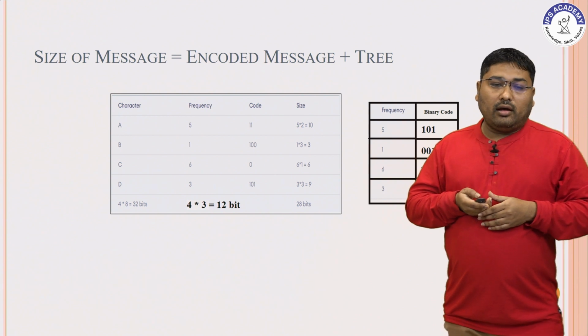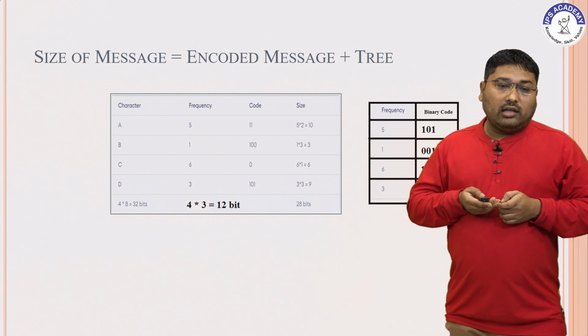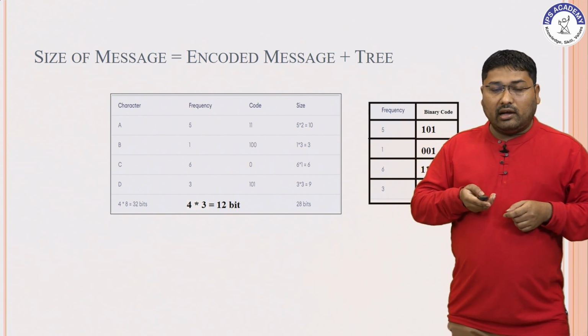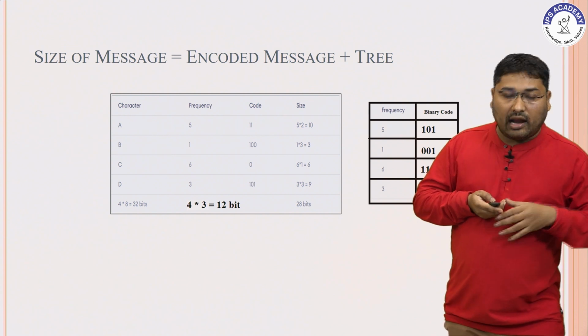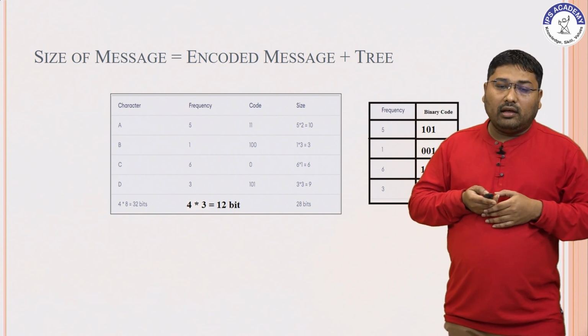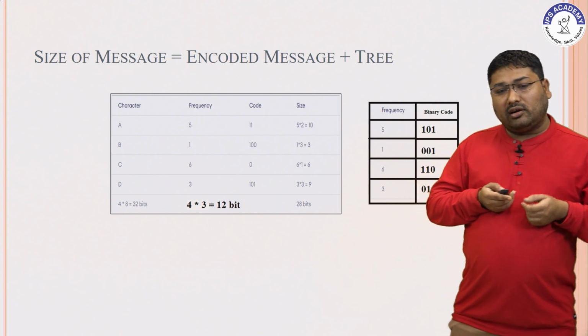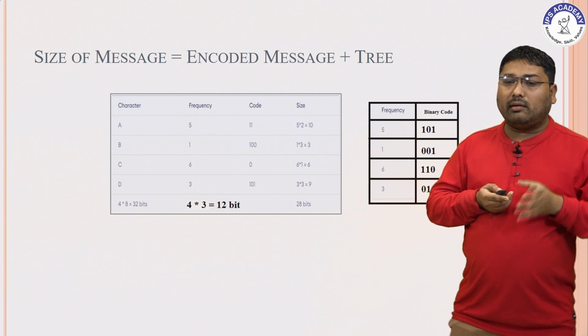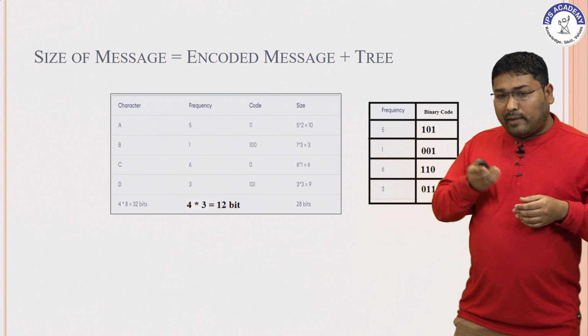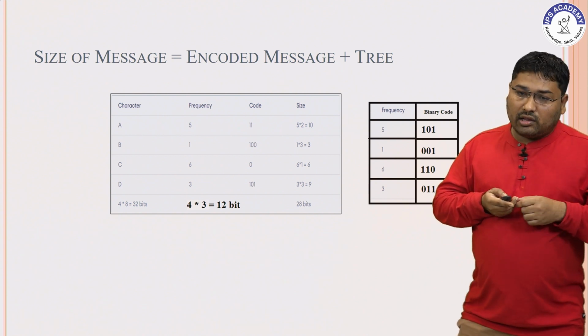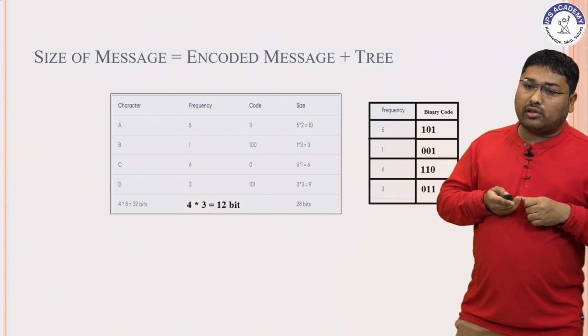The frequencies 5, 1, 6 and 3 of the respective characters also need to be transferred in the information. The maximum value is 5, and 5 in binary code is 101, and 1 has binary code 001.